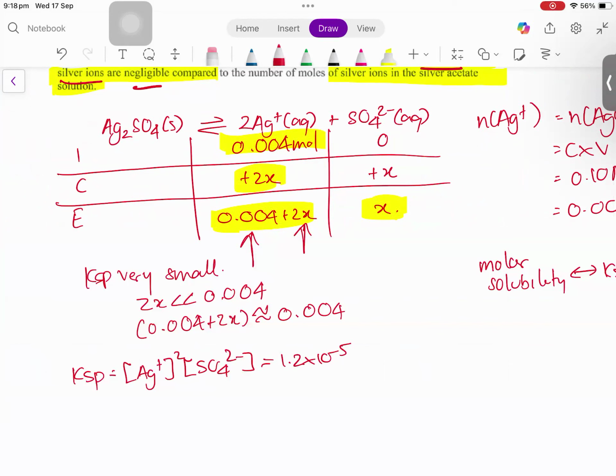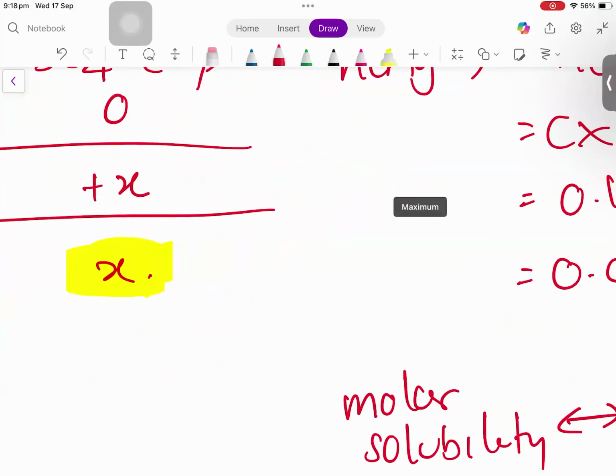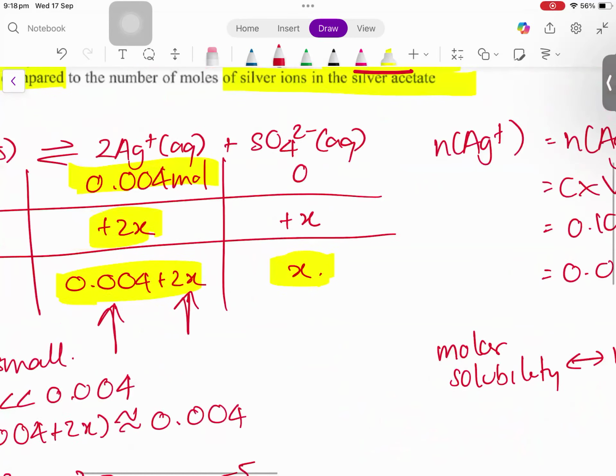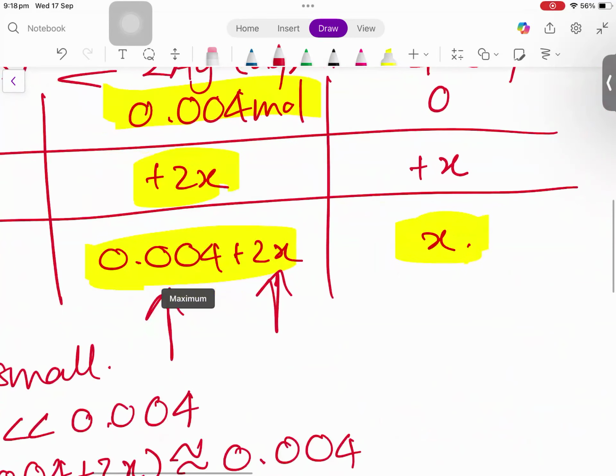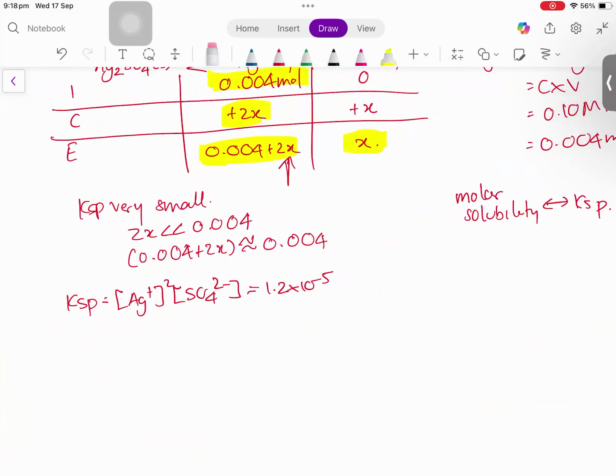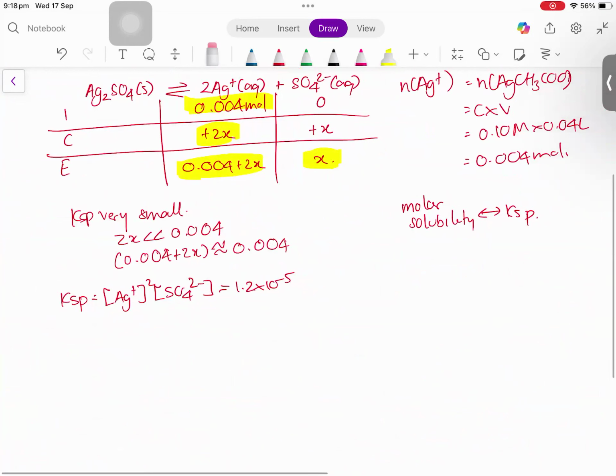I'm only ignoring the x in the bracket with a 0.004. I'm not ignoring this x, because if I ignore every x, I'm not going to have an x to solve for, right? You're only getting rid of the x in a bracket with another number, okay? So the silver moles is basically just 0.004, yeah?